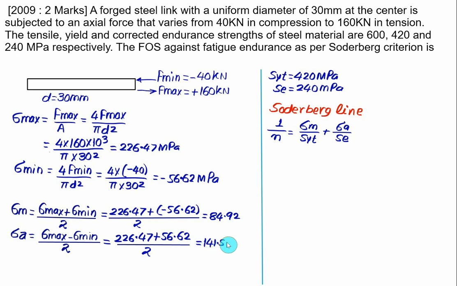The amplitude stress is equal to 141.52. The mean stress is not equal to 0, therefore we are using the Soderberg criteria. So 1 upon factor of safety n equals mean stress 84.92 divided by SYT, which is 420, plus amplitude stress 141.52 divided by the endurance strength, which is 240. The factor of safety according to the Soderberg criteria comes out to be 1.26.